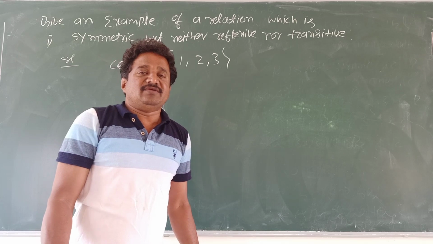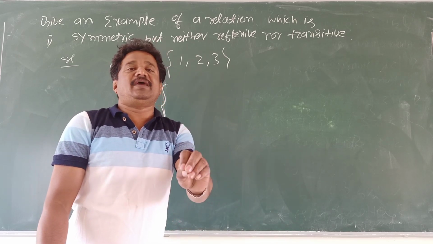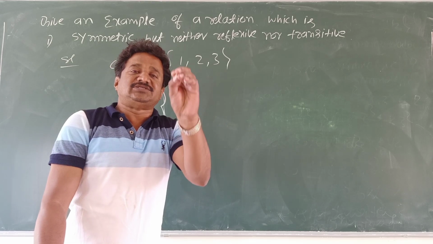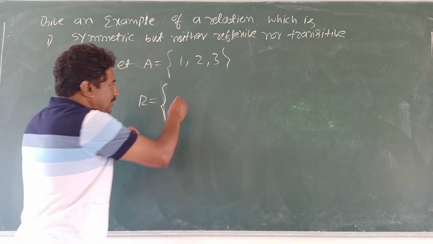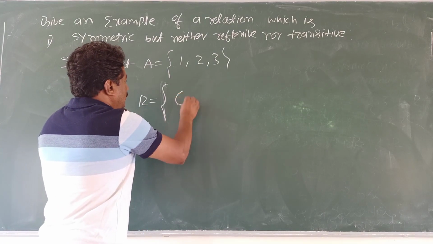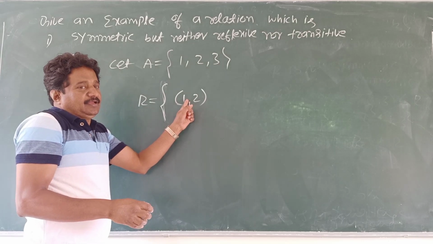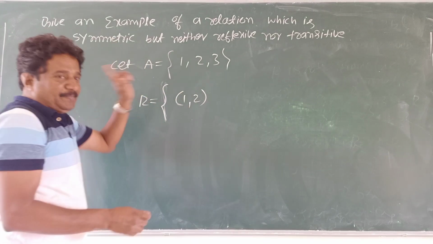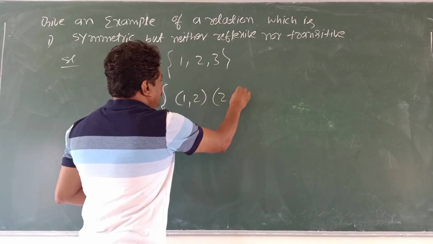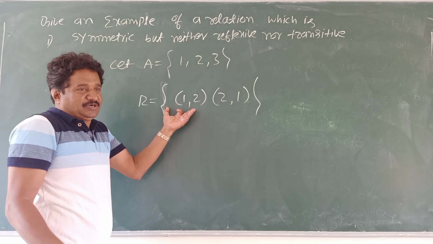I go for adding AB, (1, 2). I added AB. To make it symmetric, I must add what? BA also, (2, 1). So I got a symmetric relation, students.